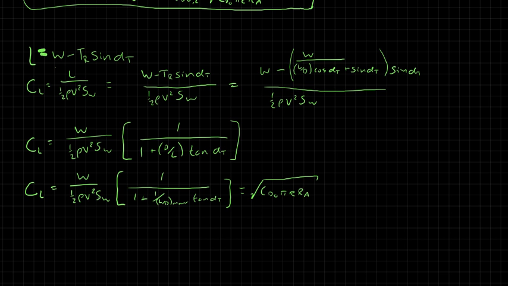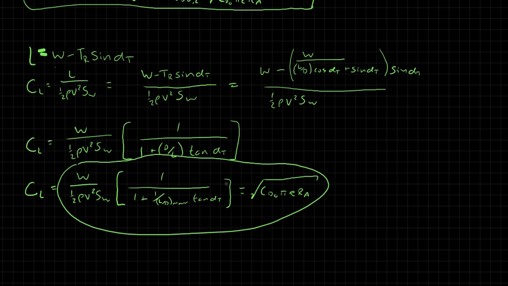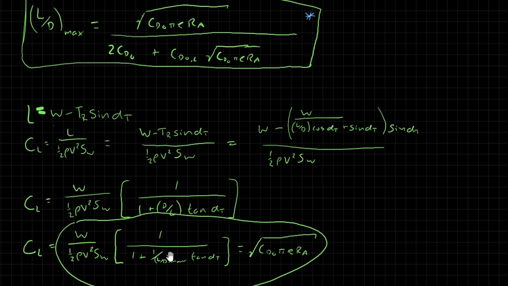All right, and so now we can find the velocity, right? All we have to do is solve this expression right here for the velocity. Because we know L over D max, we can plug that in. So that's this right here. And we have CD naught pi ERA. Now again, I'm not going to go through all the steps.